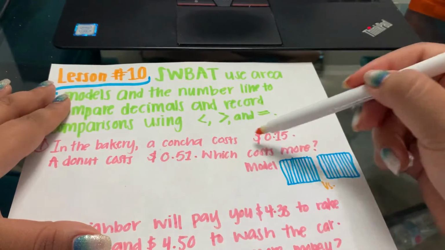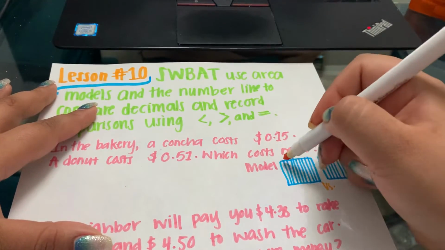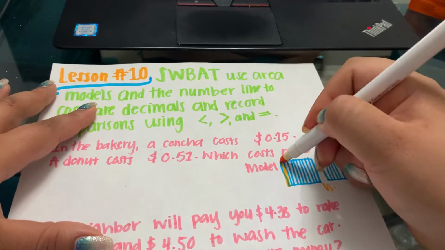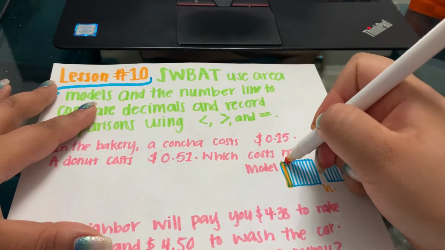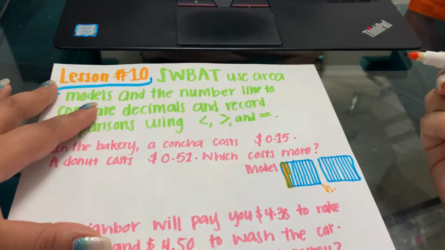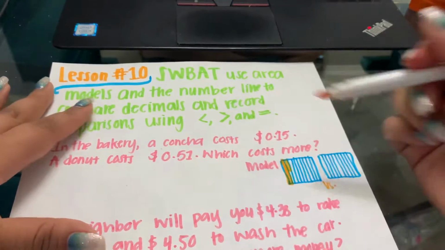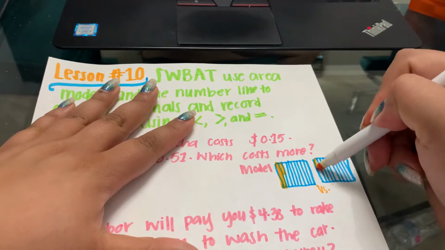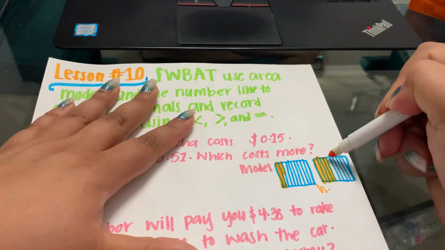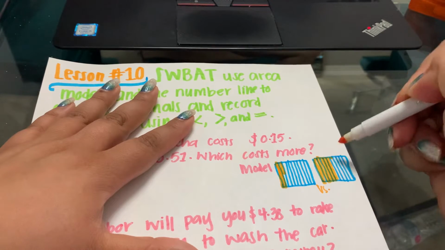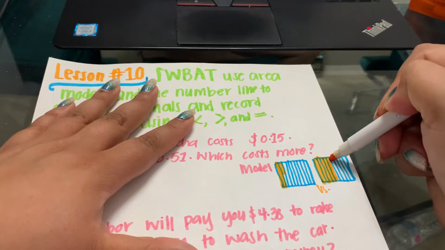So let me think of a concha. If a concha has 15, I know it's going to color 1 whole 10 because these are tenths and about half of that other tenth. So about here. And if a donut is 51, I know it's going to be 1, 2, 3, 4, 5, and just a little bit more to signify that one.